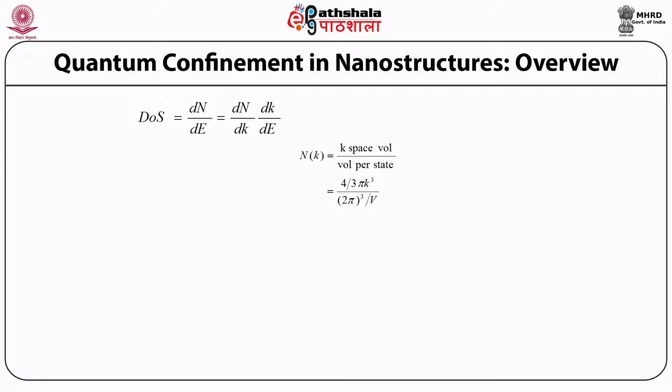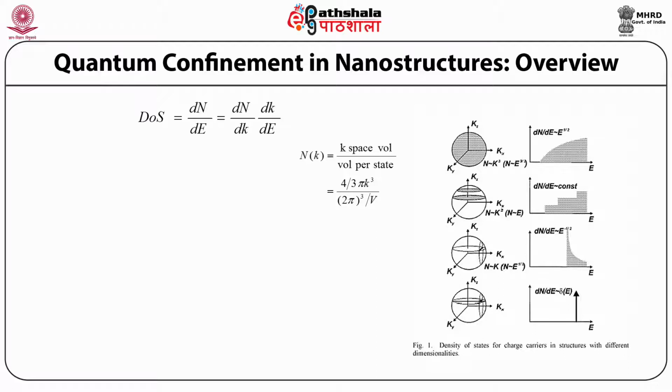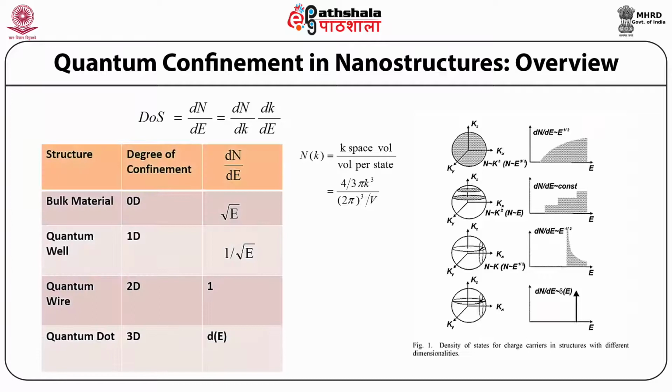The right hand side figure shows the density of states for charge carriers in structures with different dimensionalities. Here we have taken a sphere, so the k space volume is given by 4 by 3 pi k cube divided by 2 pi cube divided by V. Now this table tabulates the structure, the degree of confinement and the dn by dE for each structure.